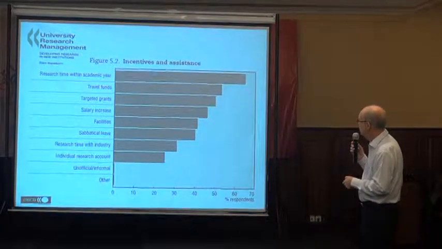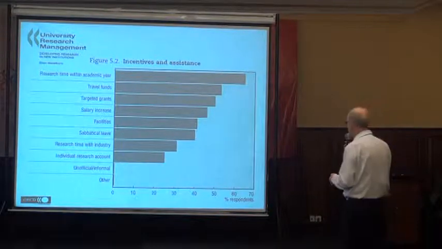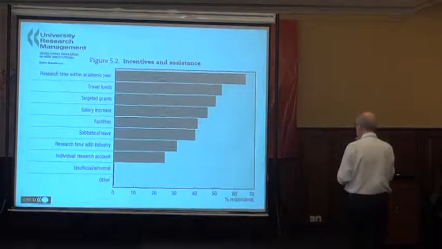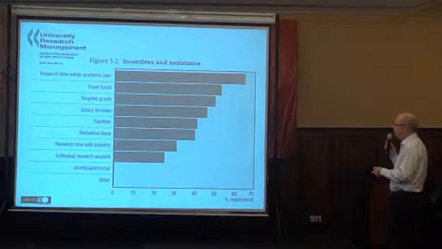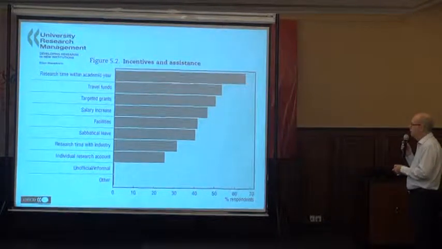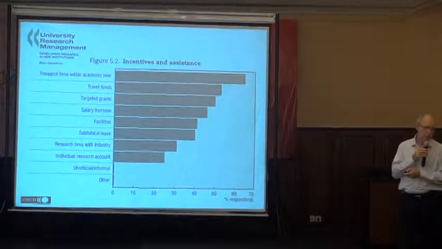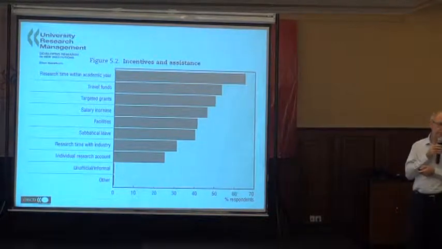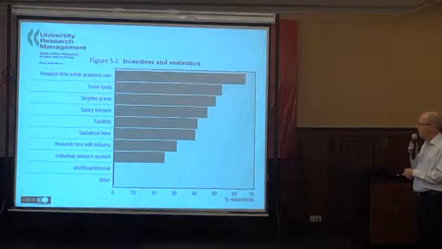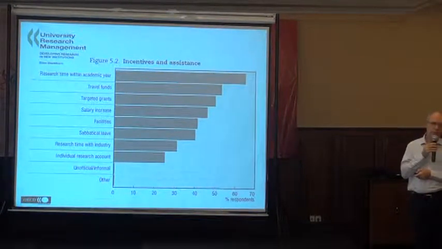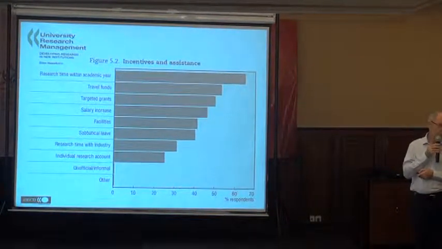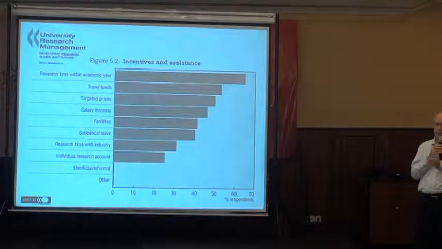Incentives and assistance. What was the most important thing? Research time within the academic year is the strongest one here. 65% of people think that that's most important. Give people time to do research. We've heard that repeatedly over the days.